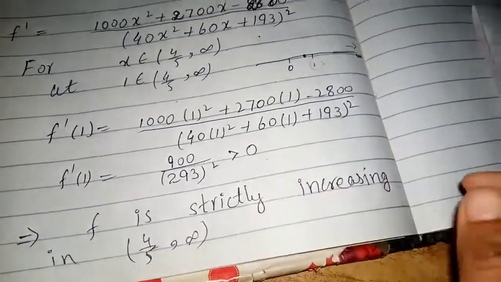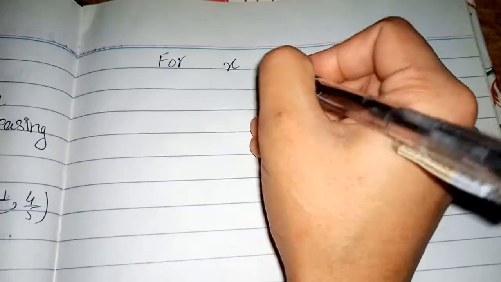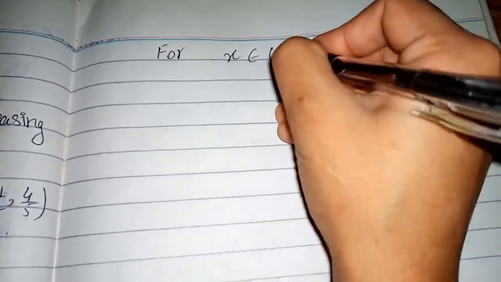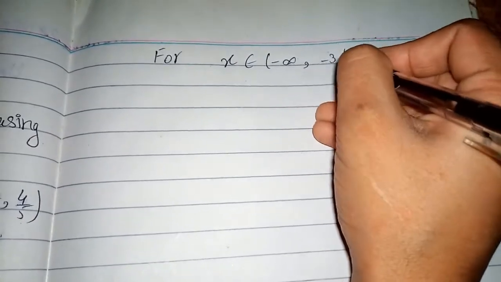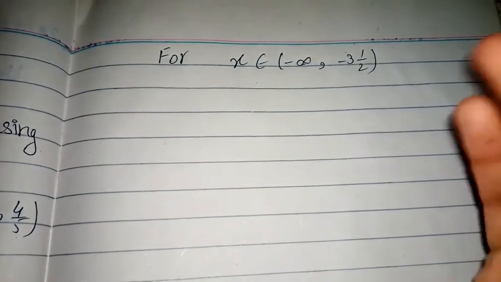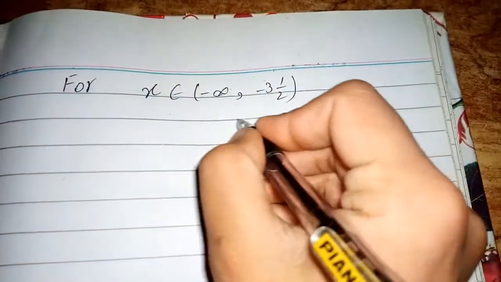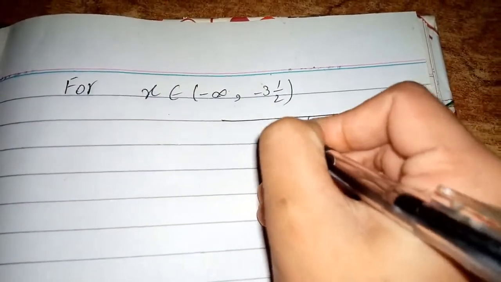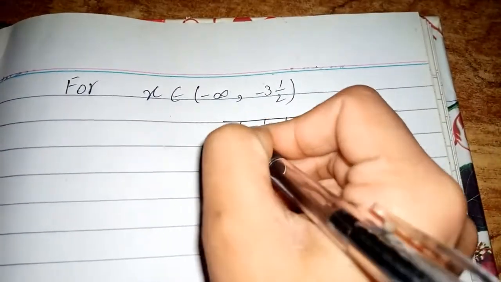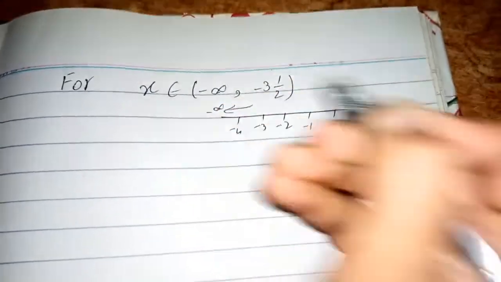Now we take the second interval, x belongs to minus infinity to minus 3 whole 1 over 2. On the real line we have 0, minus 1, minus 2, minus 3, minus 4, and so on up to negative infinity.